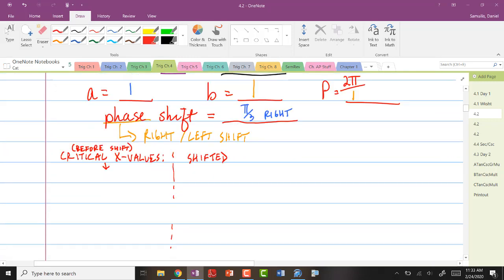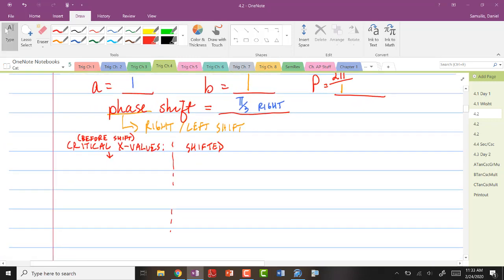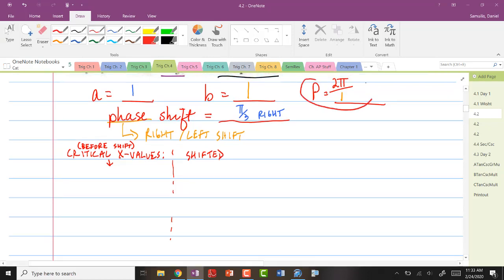All right, this gets to be a problem. Here's how I think you should do it. This is how I've approached this every single year, because I know how hard this is. You don't go right to the graph. You don't go right to the coordinate plane and start trying to mark the axis appropriately. You do your work off to the side. And you do the work of what are my critical values based off of the period before shifting. Well, the period's 2 pi.